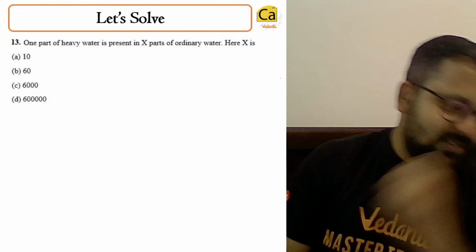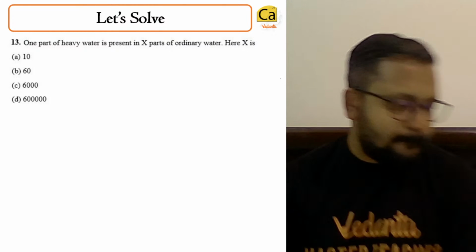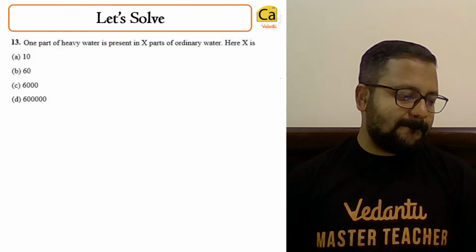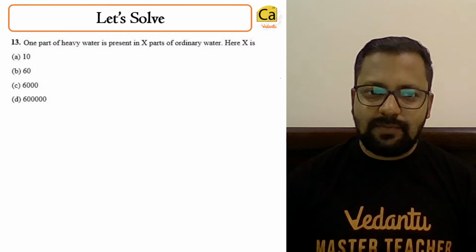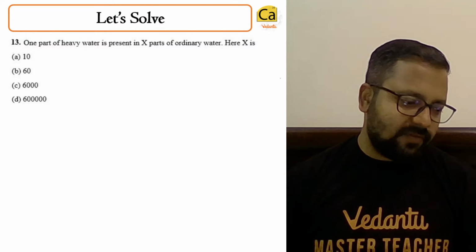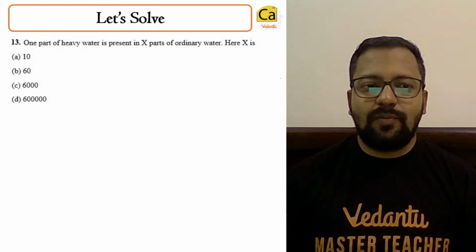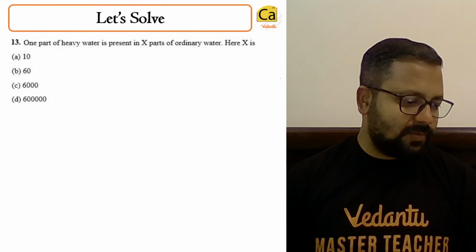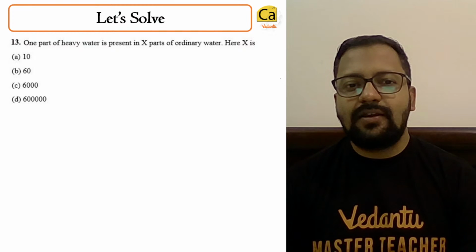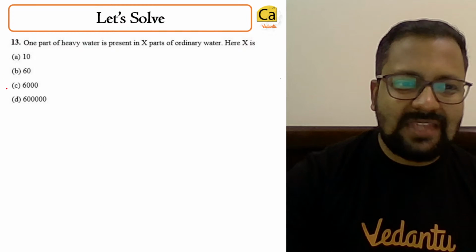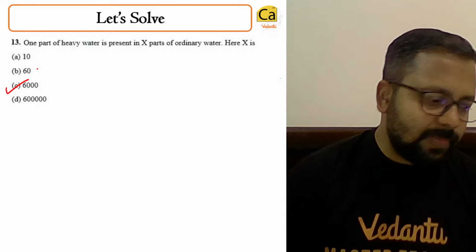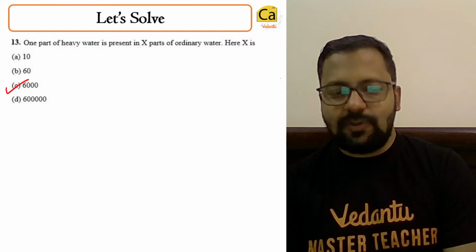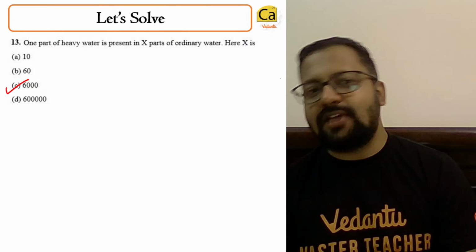Okay, let's see. The answer was given quickest by Chinny. The right answer is C. It is 6,000 parts of water.